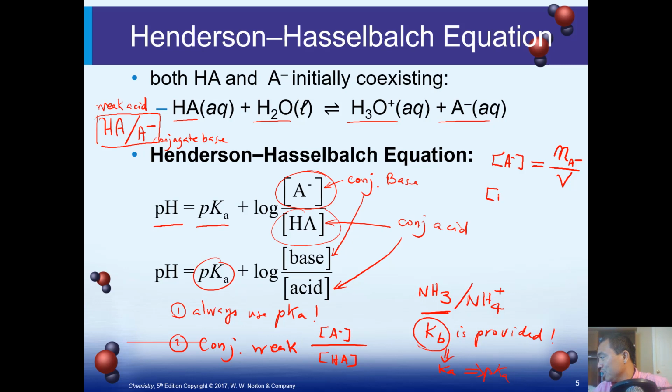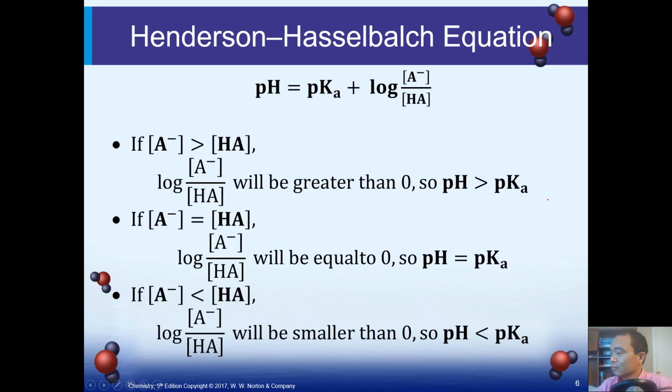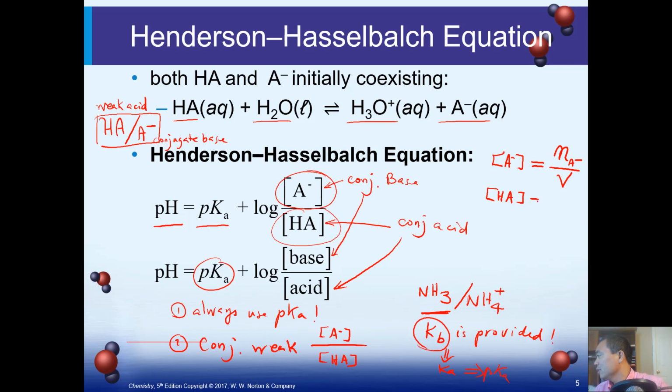So for HA, the concentration will be the moles of HA divided by the same volume, because both species coexist in the same solution. If we divide the top by the bottom, have you noticed the V is cancelled out? What this tells you is the concentration ratio is exactly the same as the molar ratio.